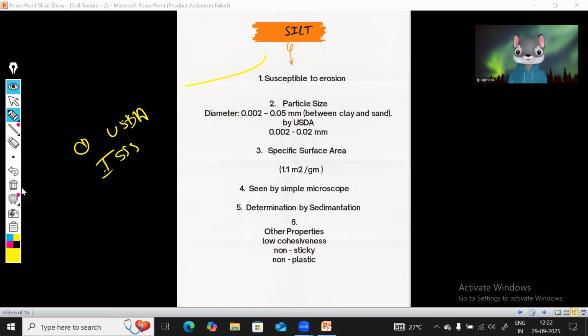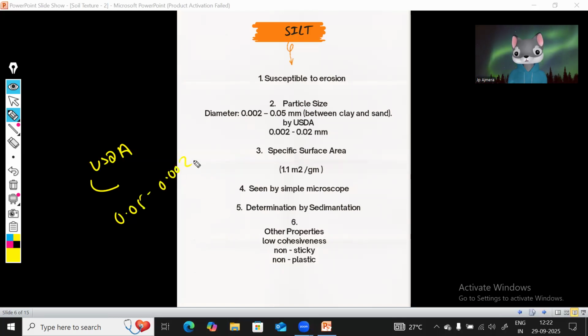So the size mentioned for silt by USDA was 0.05 to 0.002, and by ISS, the size of silt was this.